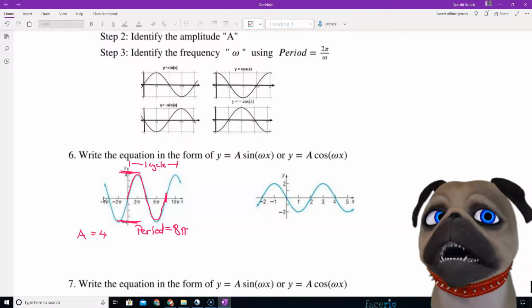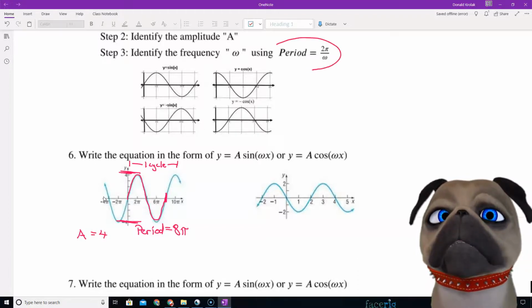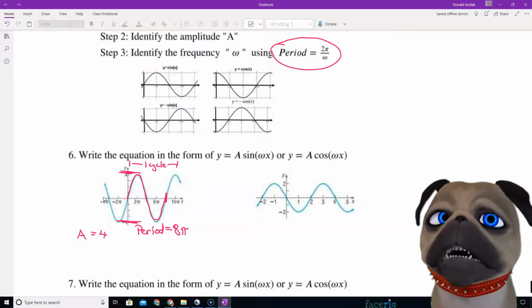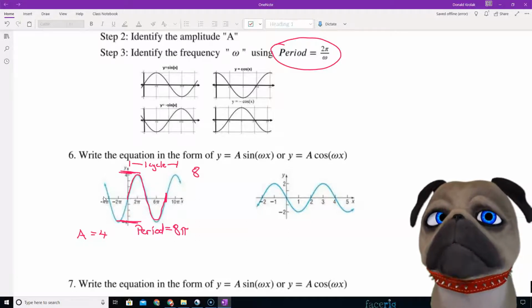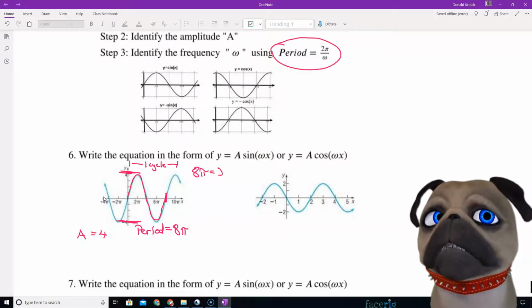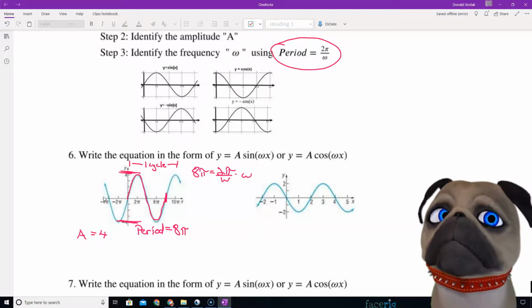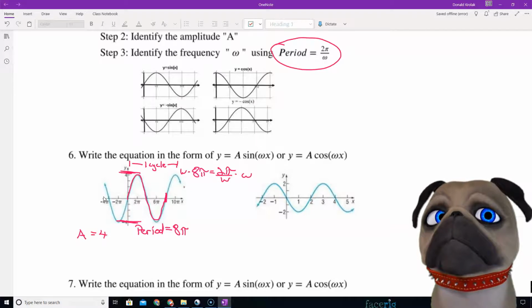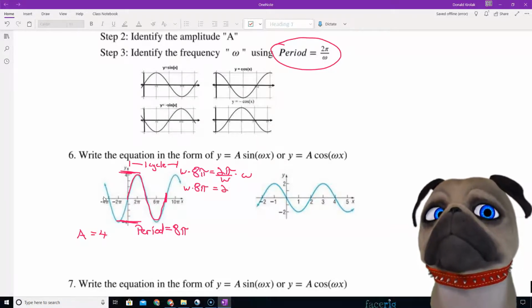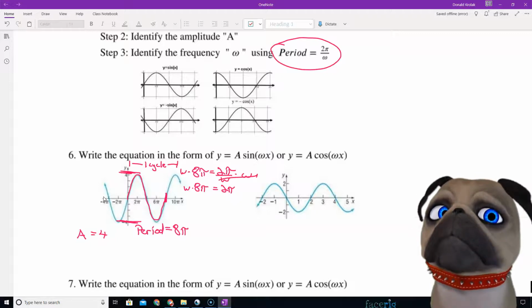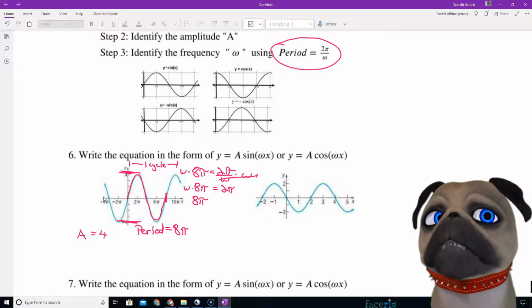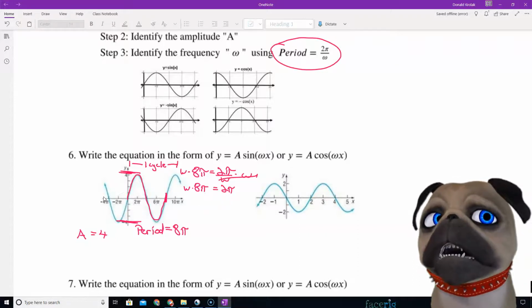Now let's take this period, substitute it into this formula for the word period, and solve for omega. Divide both sides by 8 pi.